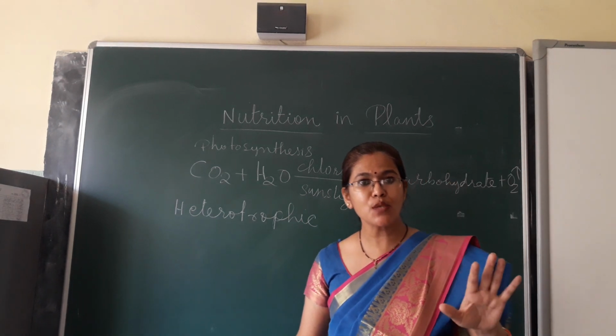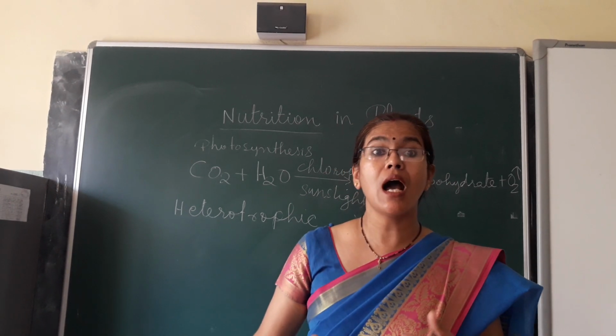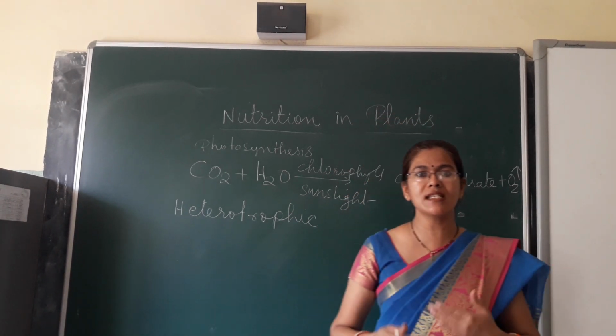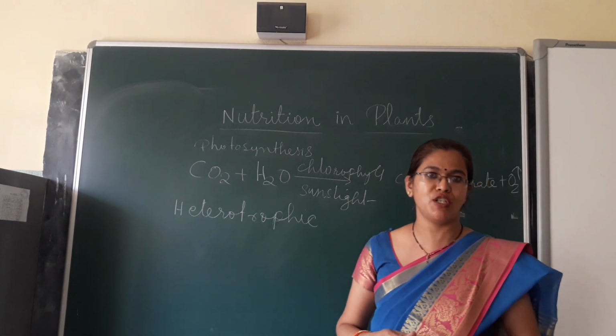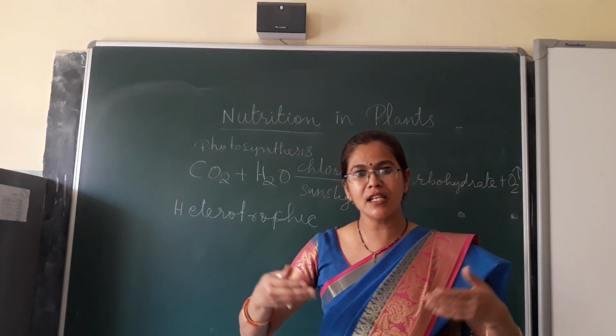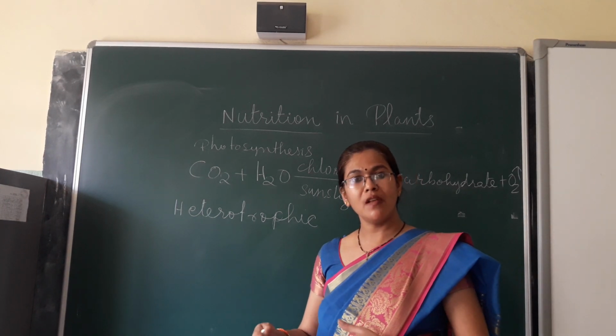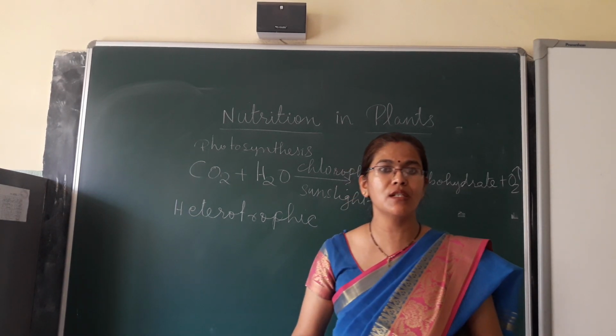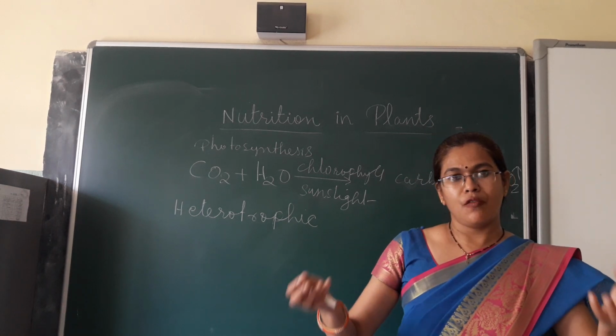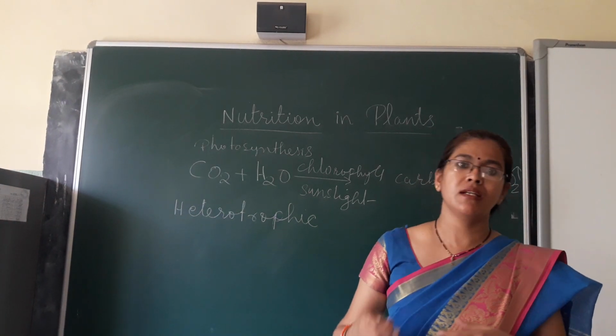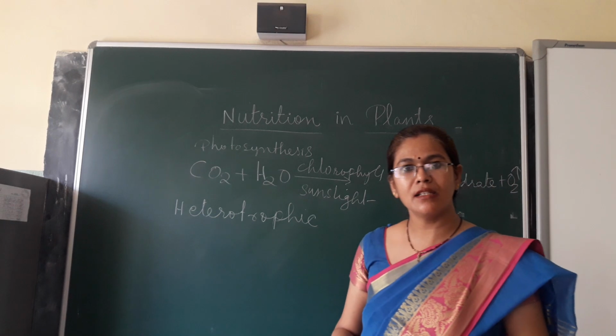Now the last portion of this chapter is how the soil is replenished with nutrition. As you have seen, a plant takes nutrition from the soil. Now the soil will become deficient in this nutrition. So phosphorus and nitrogen should be added to the soil.